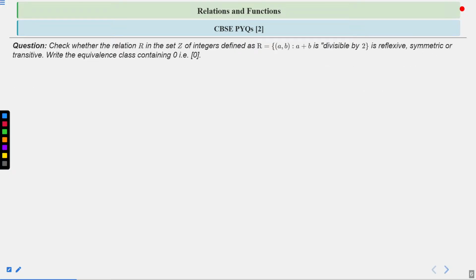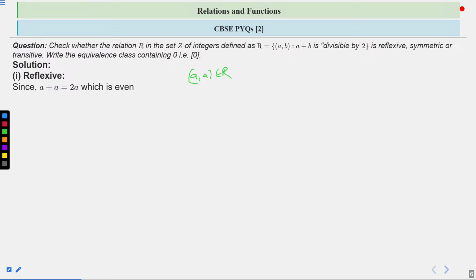So the question was, we basically have to check whether the relation R in the set Z of integers defined as R equals {(a, b) such that a plus b is divisible by 2} is reflexive, symmetric or transitive, right? And also we have to write the equivalence class containing 0, right? So let us move to the solution. What was the condition of reflexive? (a, a) must belong to R, and the relation is that a plus b is divisible by 2.